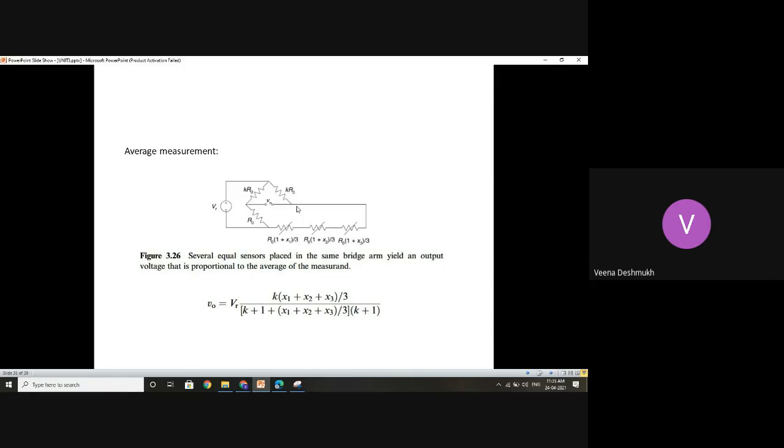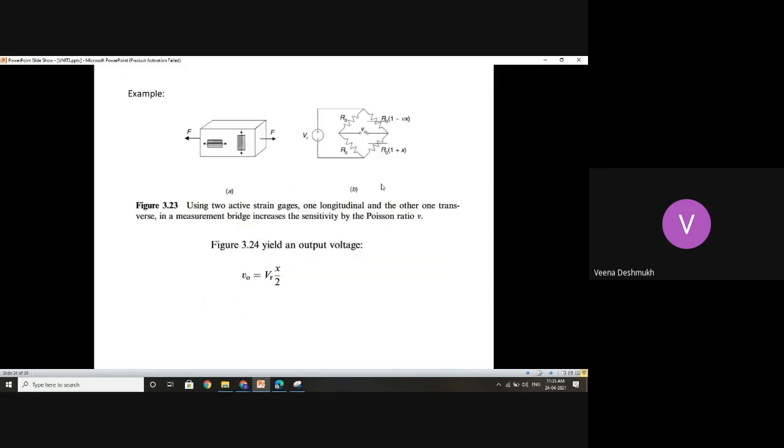And if it is exclusively due to a fault in any one of the resistors, that is in X1 or X2 or X3 variations, then also we may get some average value which is near to the accurate one.